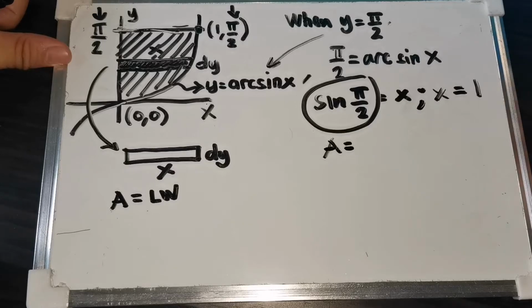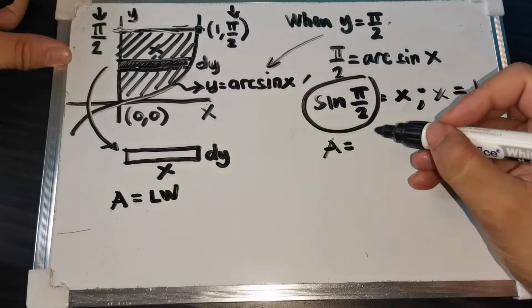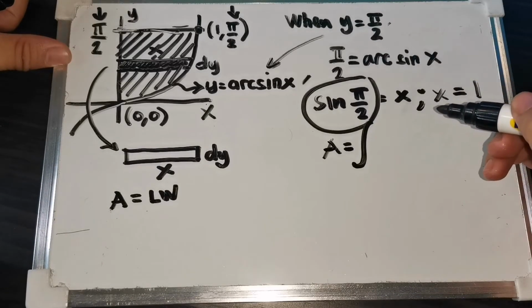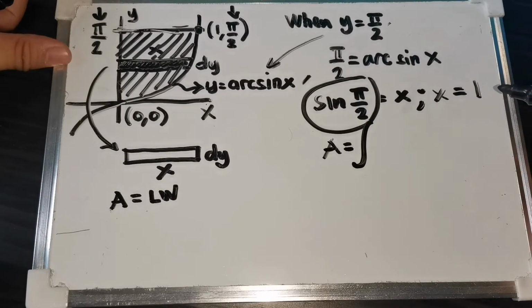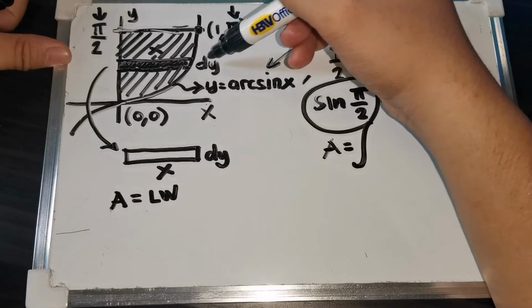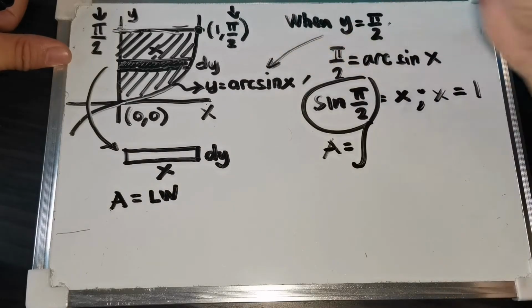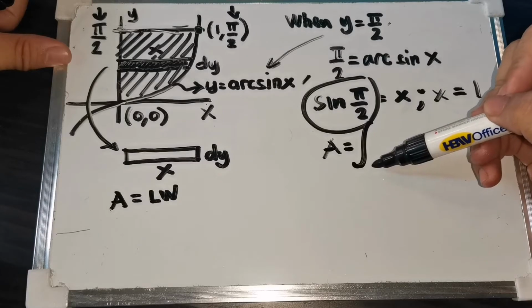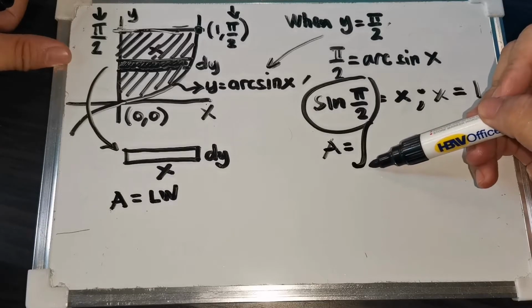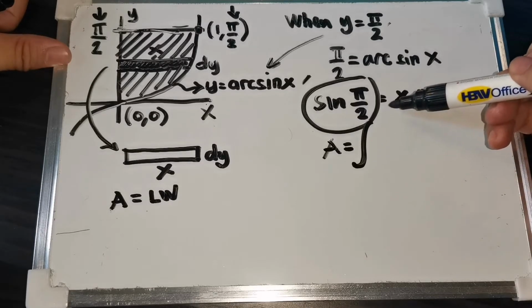What will be the lower and upper limits? We're considering dy here, so we simply put values of y as the lower and upper limits.